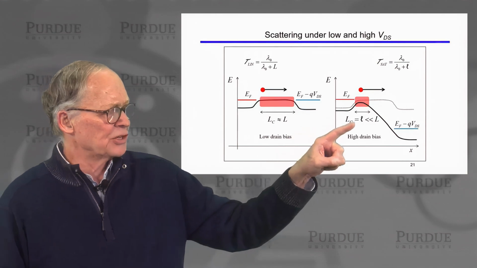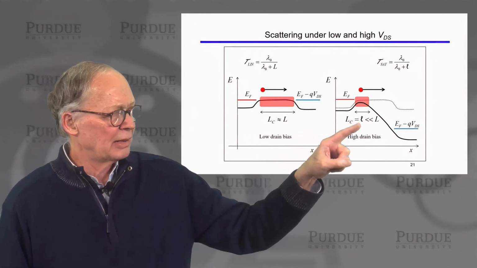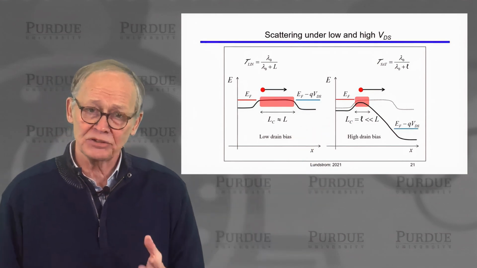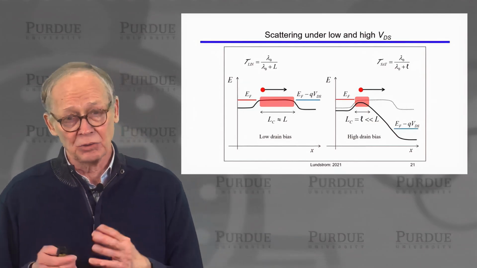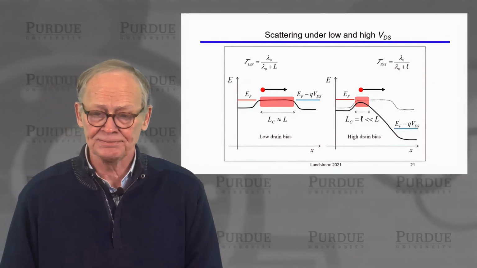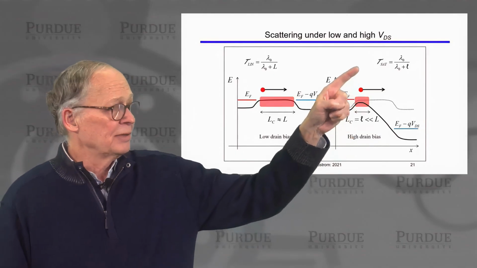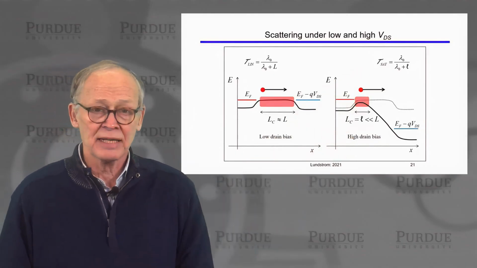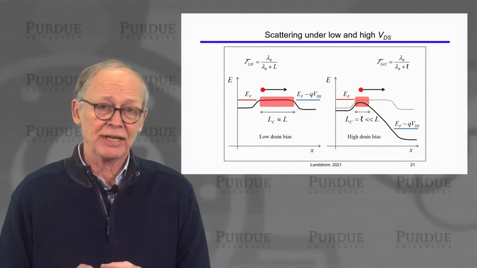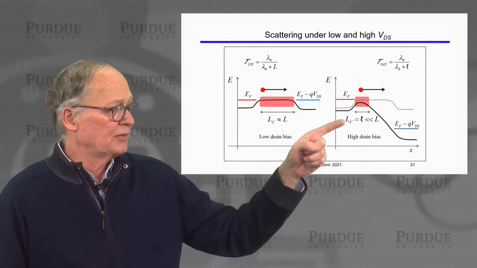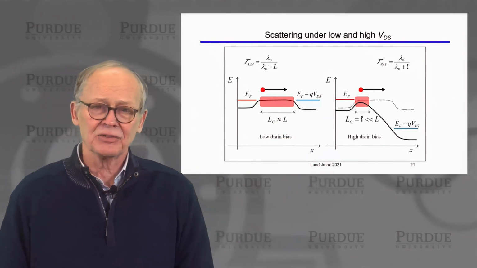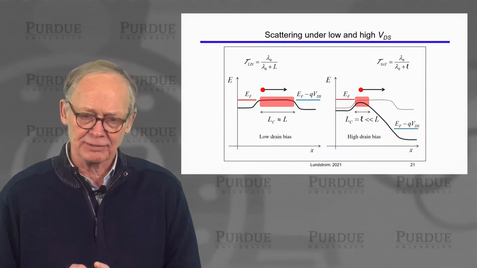That's a very short region, which I write as script L here, just a small fraction of the channel length, and we'll see how small in the next lecture. We write the transmission T in the saturated region not as mean free path divided by mean free path plus the channel length, but as mean free path divided by the length of this critical bottleneck region.